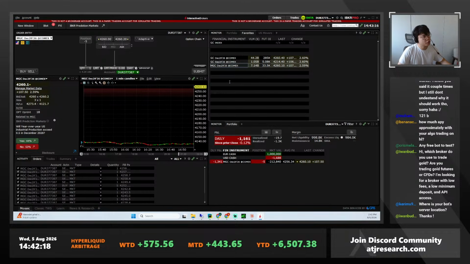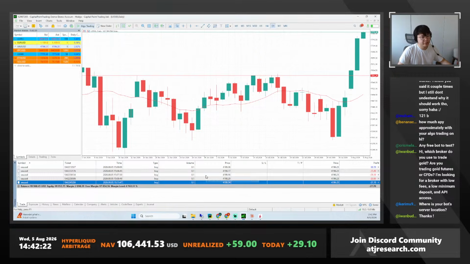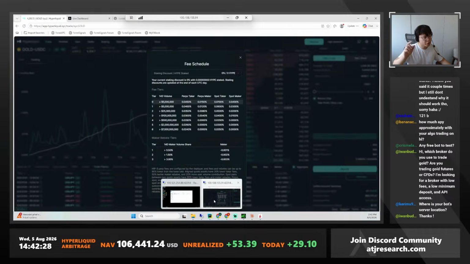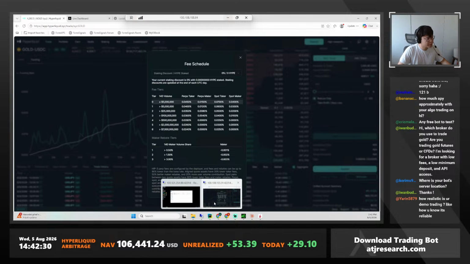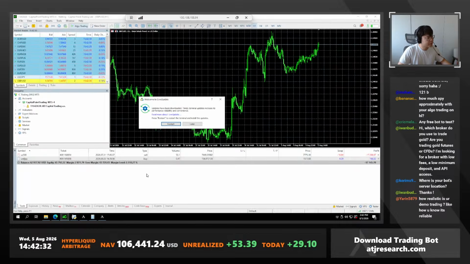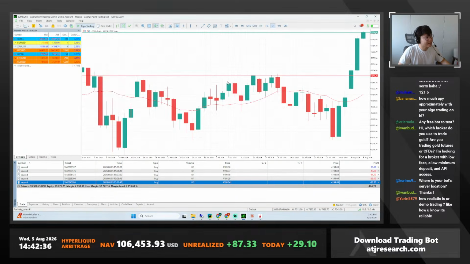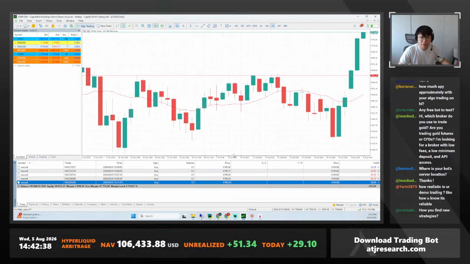So if my maximum exposure is 5 MGCs, I will only have 5 individual rows here, which is not too bad for me to manage. Compared to Hyperliquid, where I have very small trades because we're sort of market making on Hyperliquid, we can have hundreds of rows basically, and so that's why we need to use a netting account on Hyperliquid.